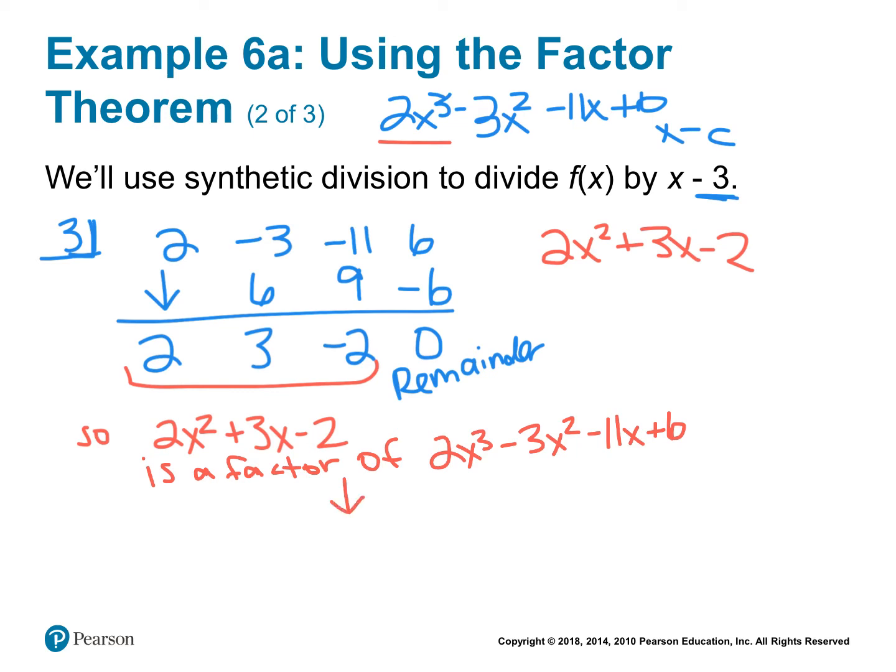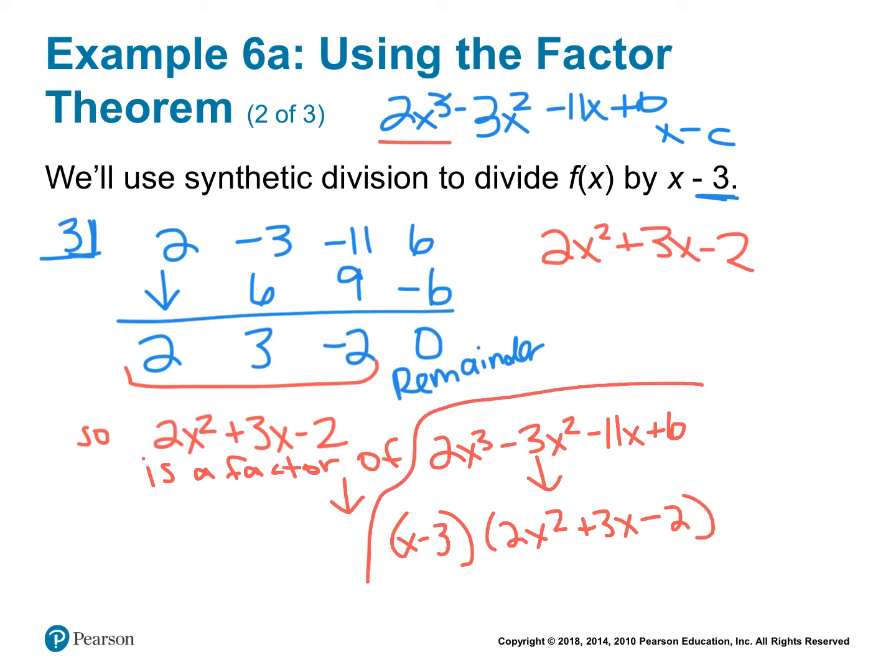Therefore, we can, let me draw the arrow here, we can rewrite this as x minus 3 was one of the factors that we divided by, and then 2x squared plus 3x minus 2 is another factor. So we just rewrote this into a little bit of a factored form. We can actually factor it down even farther than that.